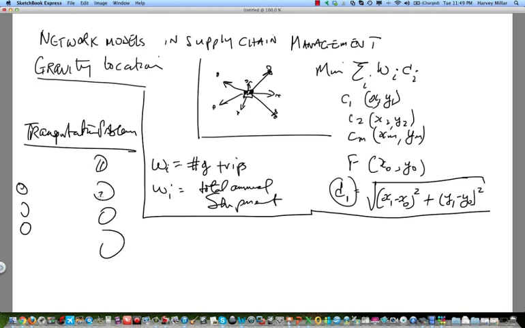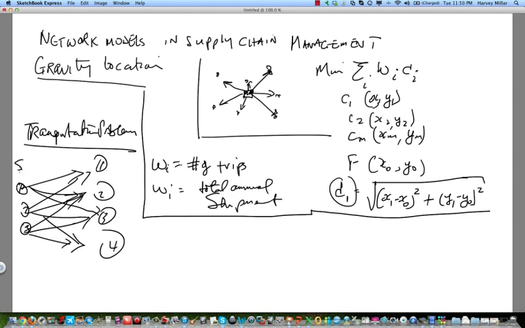So say we have 4 customers and we have 3 suppliers, 1, 2, 3, and essentially each customer has a demand. We could have a fairly dense network here, where every supplier can supply every customer.